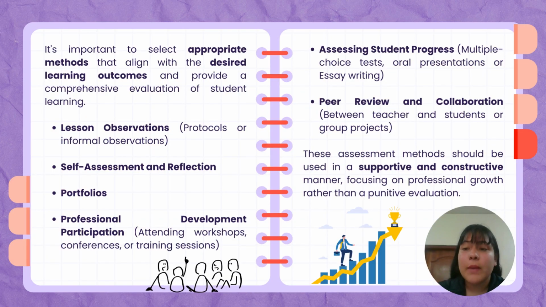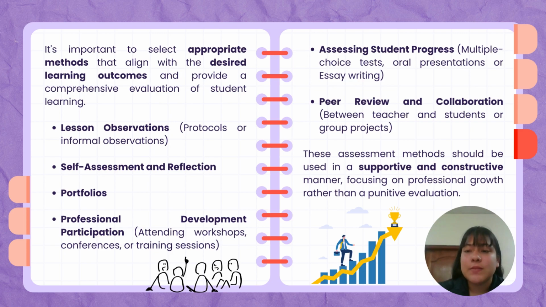As I mentioned, it's important to select appropriate methods in order to assess learning outcomes and provide a comprehensive evaluation of a student's learning. Here we have some examples, such as lesson observations. This can be oral tests or just participation in class.